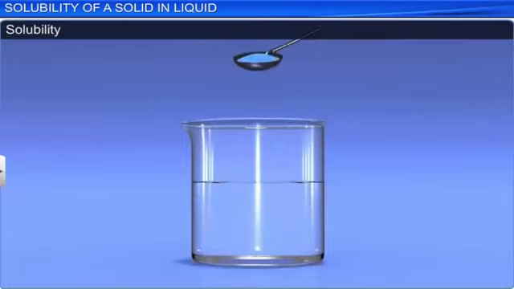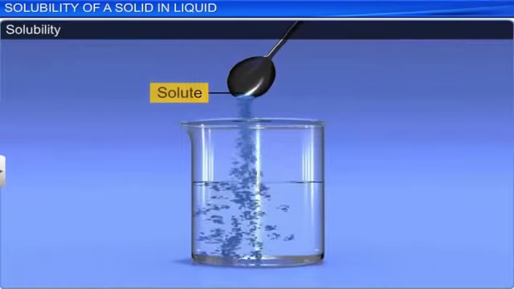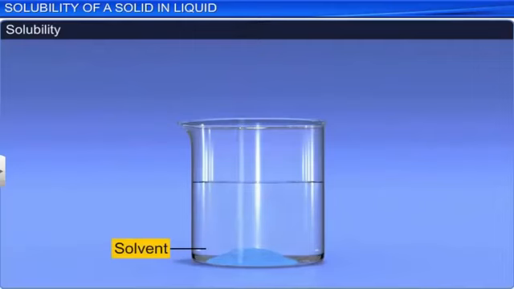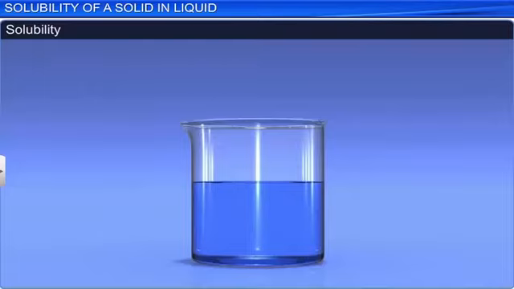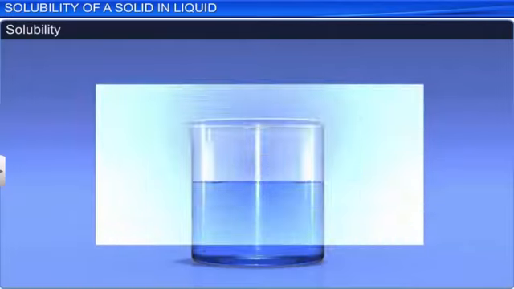Solubility is the property of a solute to dissolve in a solvent to form a homogeneous solution. Solubility is defined as the maximum amount of solute that can be dissolved in a specified amount of solvent at a specific temperature. Solubility is the result of an interaction between particles of the solute and the solvent.